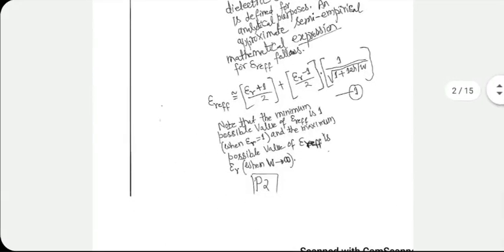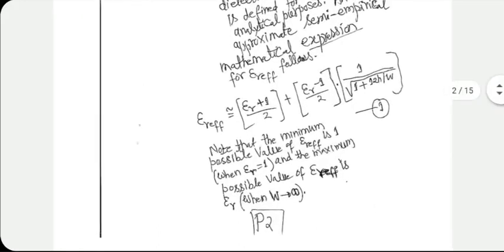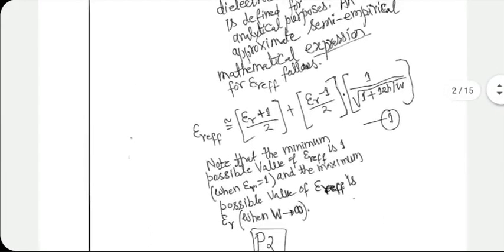Epsilon r becomes 1, so if you put epsilon r equal to 1 in equation 1, you'll get epsilon r effective equal to 1. So for practical purposes, the value of epsilon r effective that you should get is always going to be between 1 and epsilon r. If you are getting something other than that, there is a mistake in calculations.